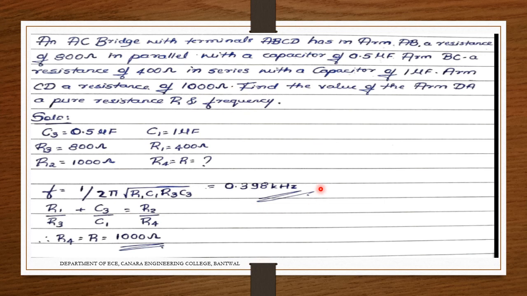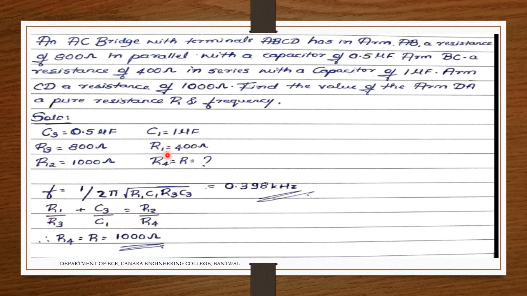Okay. Next, from the Wien bridge again, what we can do, sorry, this is the Wien bridge. What is the other one? That is R1 divided by R3 plus C3 divided by C1 is equal to R2 divided by R4.